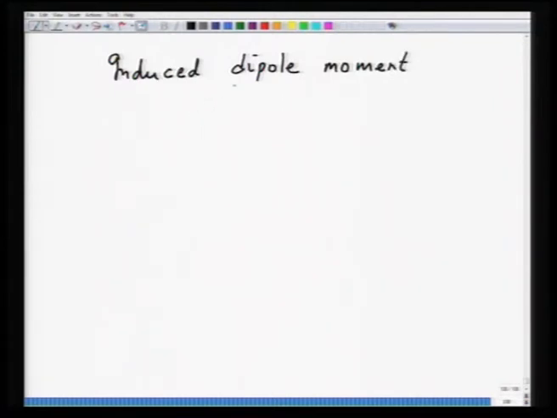Induced dipole moment per particle or per oscillator, which is equal to mu I is equal to q I into x. Okay.